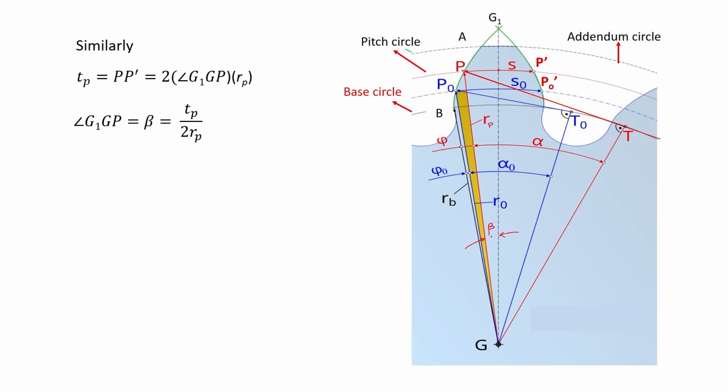And so beta is equal to Tp divided by 2, which is PS, divided by Rp.